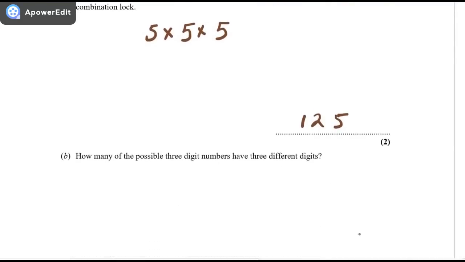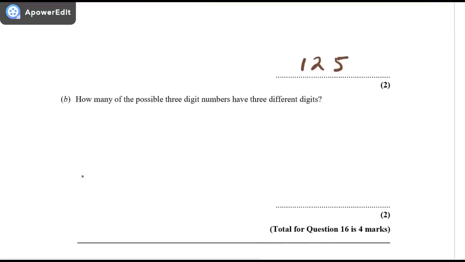Okay, so the B part: how many of the possible 3-digit numbers have 3 different digits? This question is a little bit tricky. So the first one, you could have 5 ways. How do you get 5 ways? Because you have a number from 1, 2, 3, 4 and 5, so it doesn't matter which number you choose, so you have 5 ways.